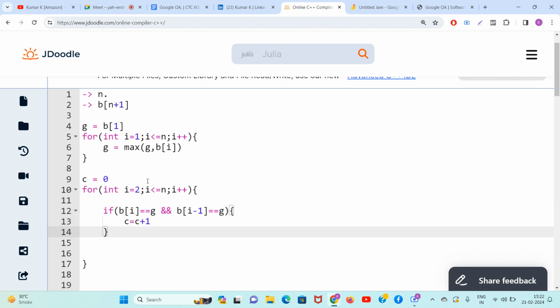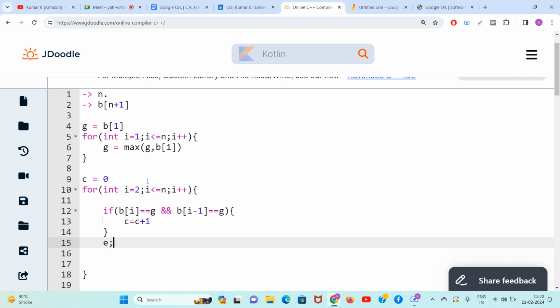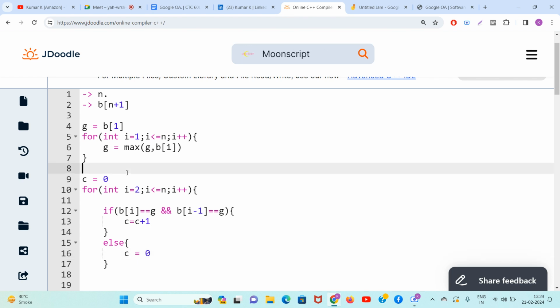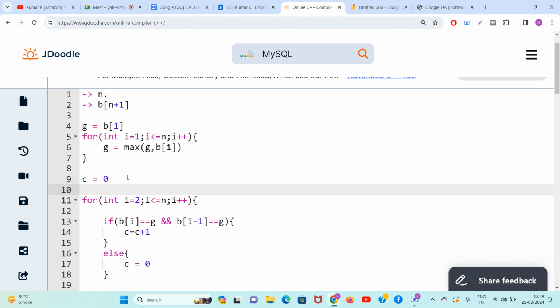But if this condition is not satisfied, then what will you do? Go cry. You write your C as 0, okay? Now after each iteration, you should take the maximum of the C value, okay?